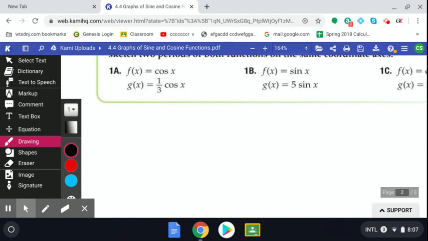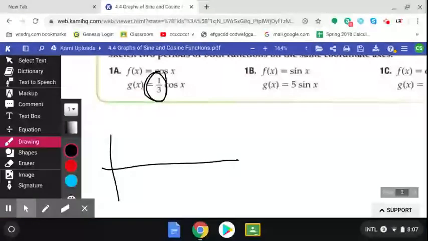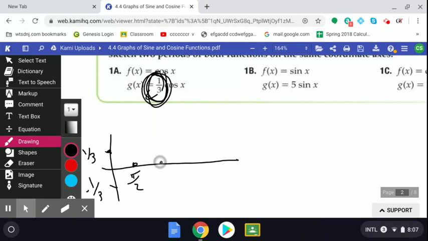Instead of going from 1 to negative 1, it's going to go from 1/3 to negative 1/3. So if you're talking cosine 0 would be 1, but because you're multiplying by 1/3, it's just going to be 1/3. So this would be 0, this would be pi over 2, this would be pi, this would be 3 pi over 2, and then 2 pi.